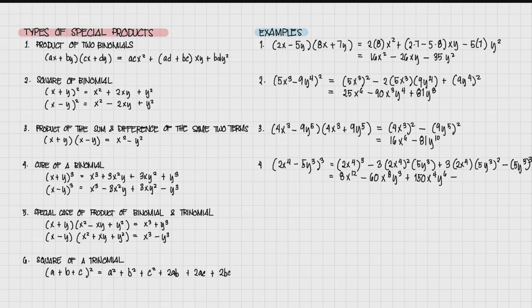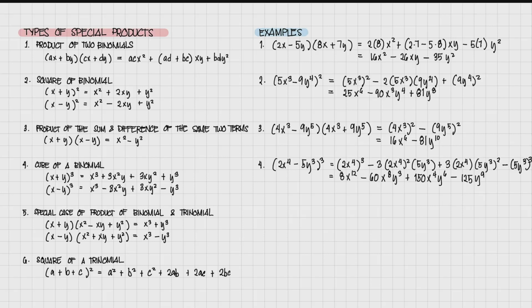Minus, again, 5 times 5 times 5, 5 raised to 3 is 125, times y raised to 3 times 3, which is 9. So there you go. So that's the final answer for example number 4.